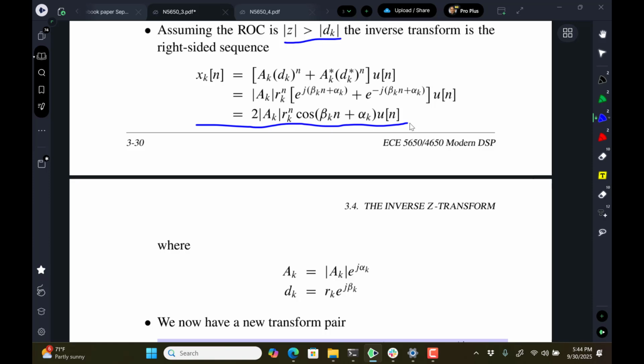The angle of the pole with respect to the unit circle controls the frequency of oscillation. We'll understand that more in a little bit. And then the overall amplitude is governed by the magnitude of Ak, the residue, and then alpha k gives a phase shift inside the cosine.